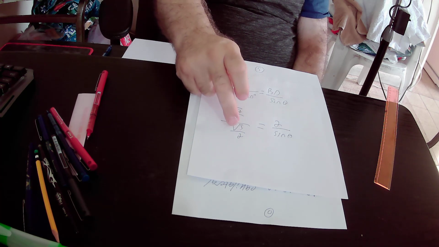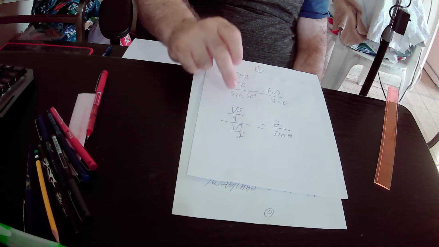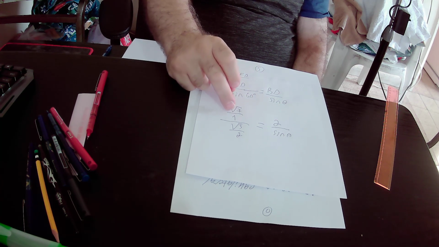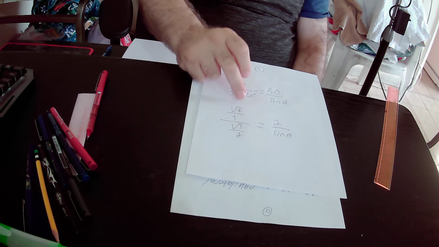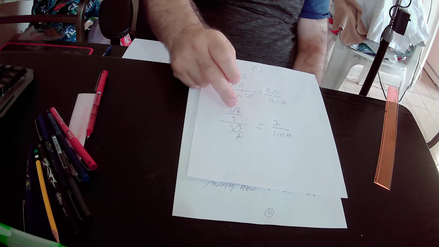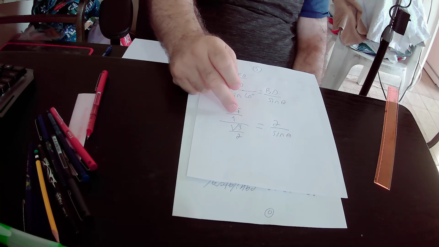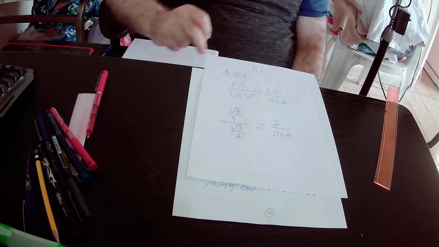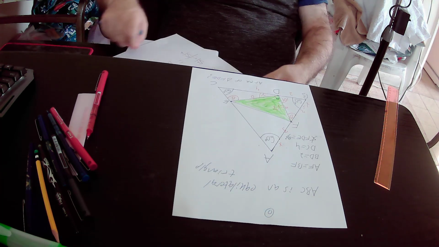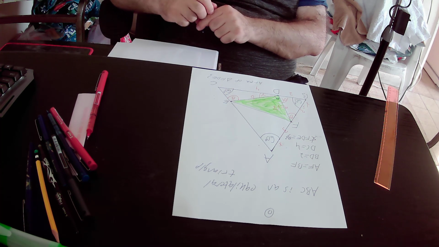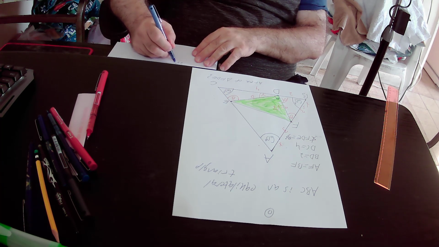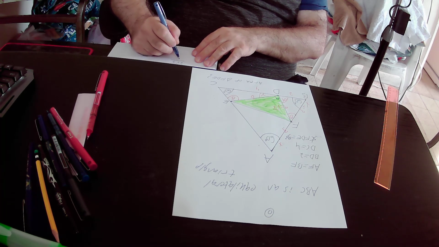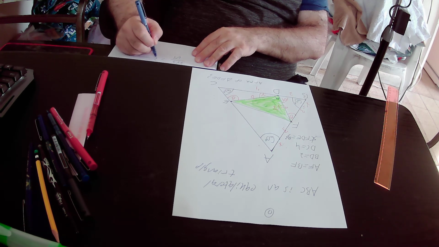Here we can move 2 to the numerator of this expression, and move root 3 to the denominator, and we will get that 2 times root 7 over root 3 equals 2 over sinus theta.